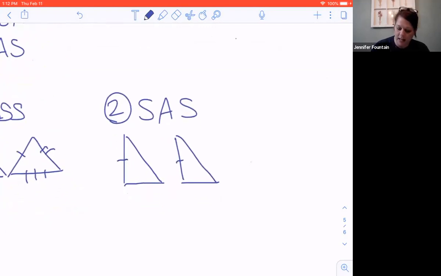Now I'm going to use my 90-degree angle here, and I'm going to put my little angle congruence where it's just the single arc. But now I'm going to show two marks for the bottom. And that shows me I have a side, then an angle, then a side, and they're all consecutive. They're right in order. I don't jump a side to get to something else, or I don't jump an angle. I have to go right in order.